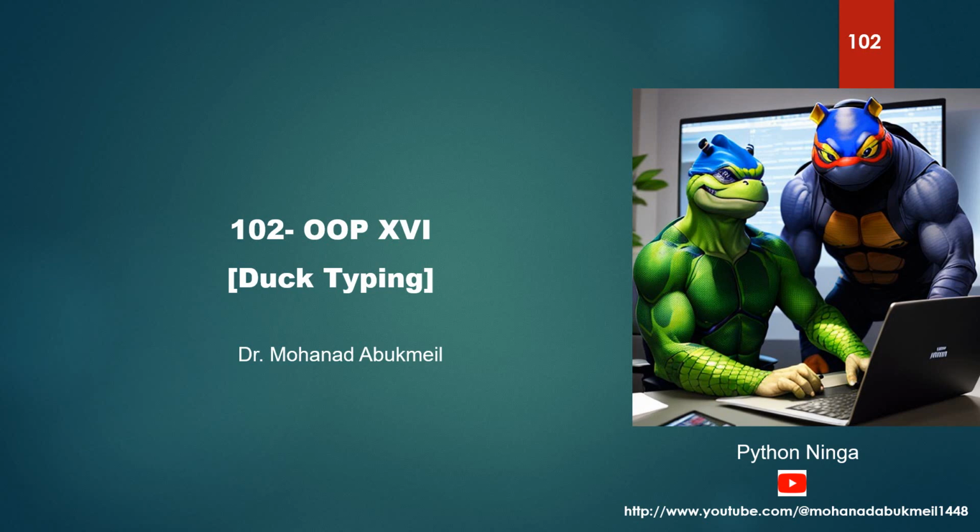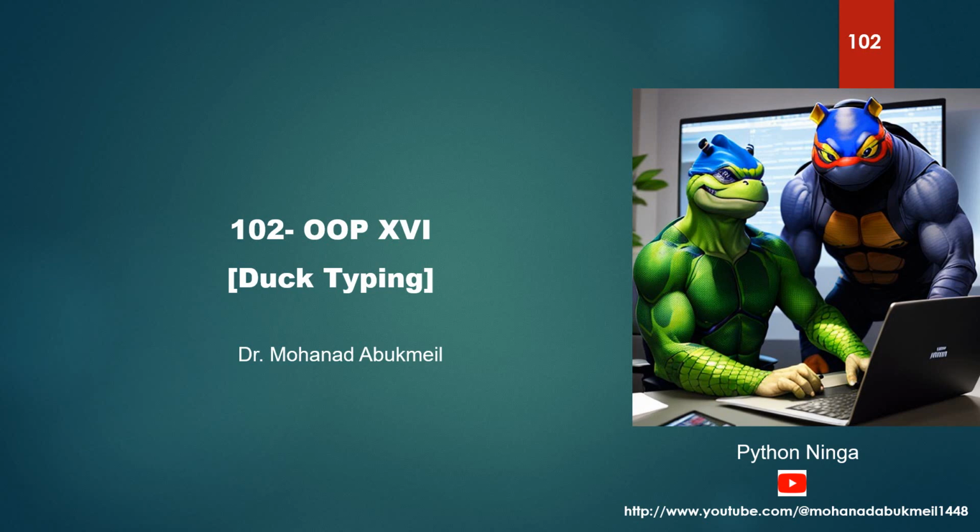With this tutorial we will finish the tutorials related to object-oriented programming, and starting from the next tutorial we will highlight data-oriented classes, which are a branch of object-oriented programming. What we have delivered so far is related to behavioral classes, where the class simulates the behaviors of the object.